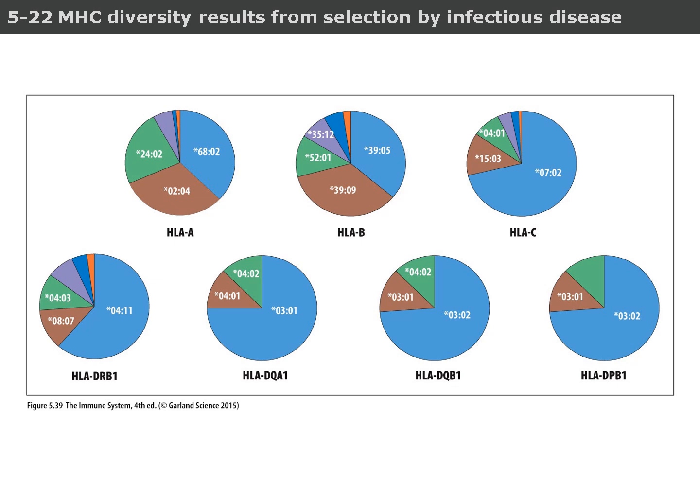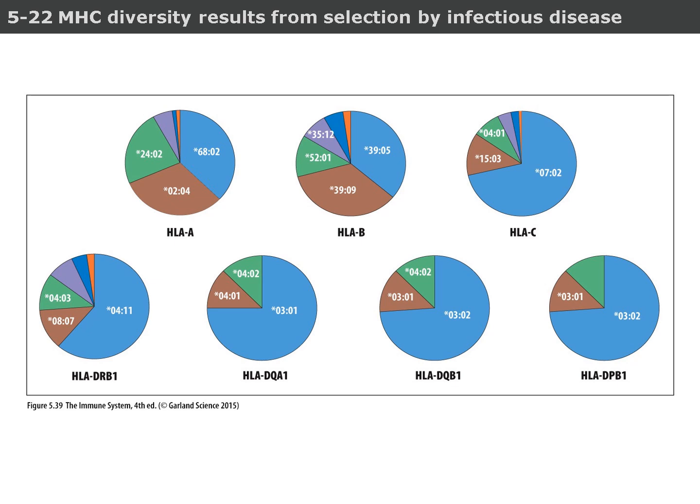For HLA-A, the 02:04 and 24:02 alleles are predominant. In HLA-B, the most common alleles include 39:05 and 39:09. HLA-C is dominated by the 7:02 allele, with several minor contributors like 15:03 and 4:01.